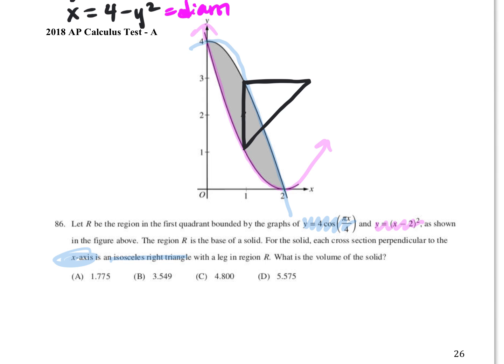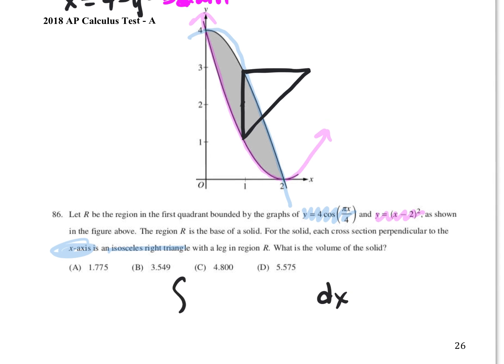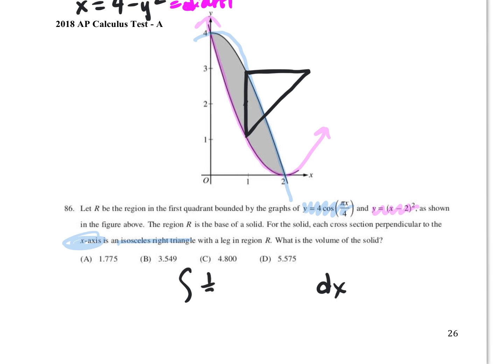Boom. Isosceles right triangles. Area of a triangle is what? 1/2 base times height. If it's an isosceles triangle, are my base and my height going to be the same? How am I going to get base here? All day. Upper minus lower. Blue minus pink, right? Blue minus pink.